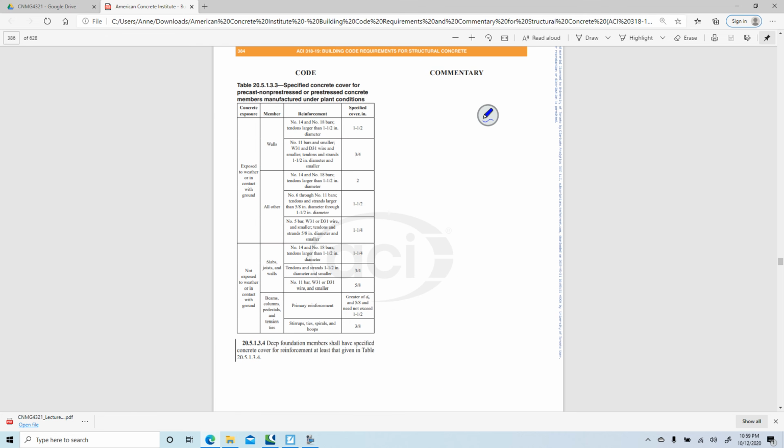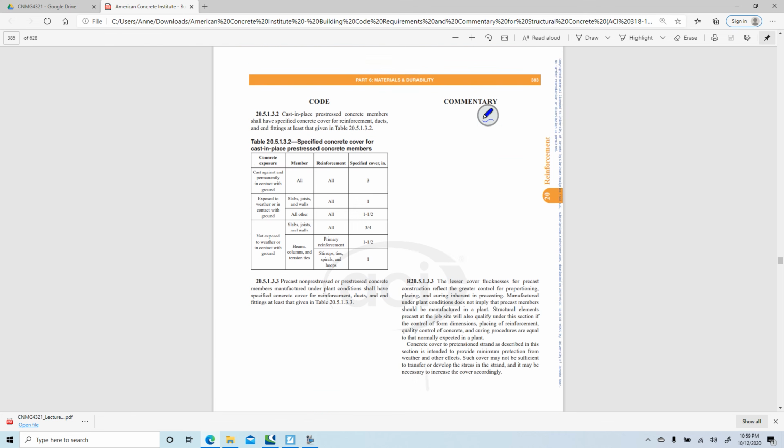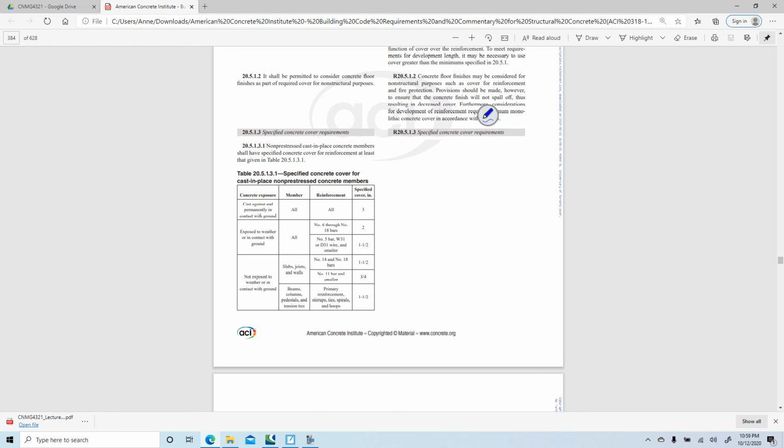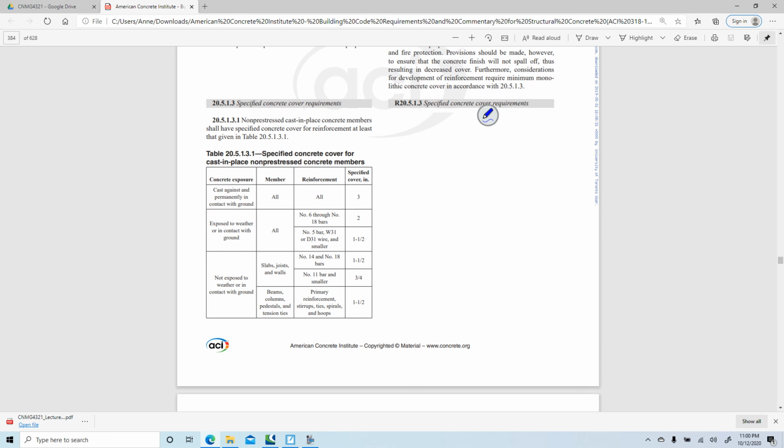Think about what might affect how much cover you need. The biggest issue that we care about in terms of cover is how likely your reinforcement is to be exposed to water.